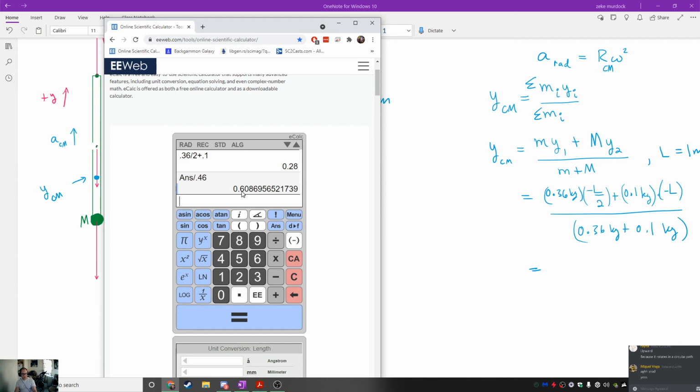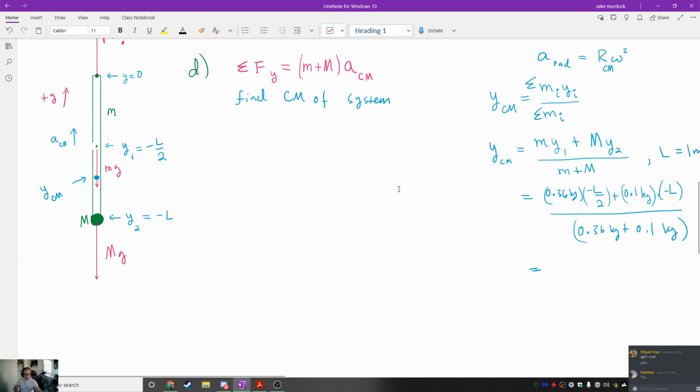Do you all agree? So we get negative 0.609 meters. That's the y-coordinate of the center of mass, using y equal to 0 to be this point right here.